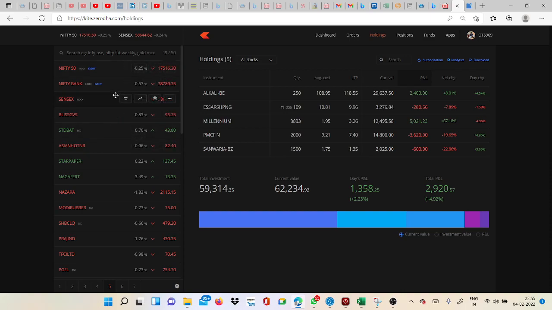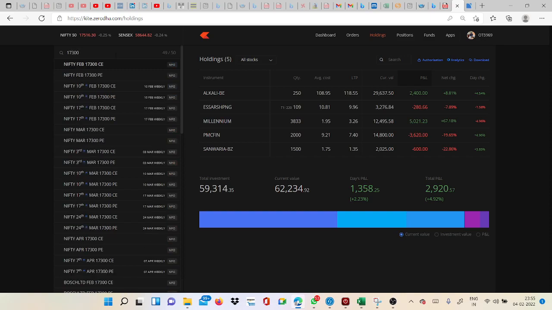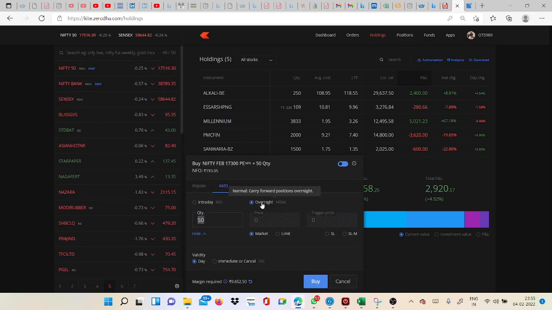Now you have a speculation that the price may go down up to 17,300. If you enter into this particular put and purchase it, this particular contract would be in the money for you. You're looking for the price to go down, right?